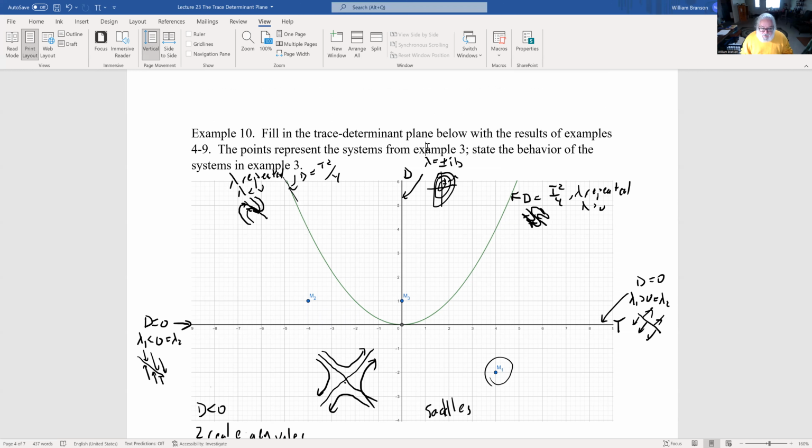So that's great. That gives us 4 regions we still have to think about. This one, this one, this one, and this one. Notice that our system M3 here, we know it's a center, right? Everything's going to go around, and it's got a trace of 0. So the M3 from above is a center.